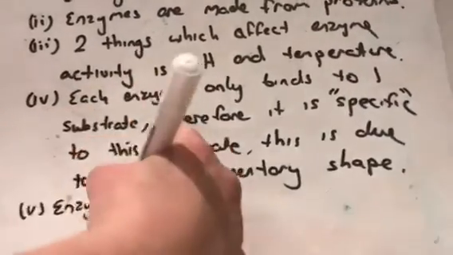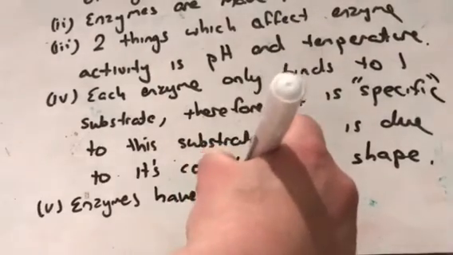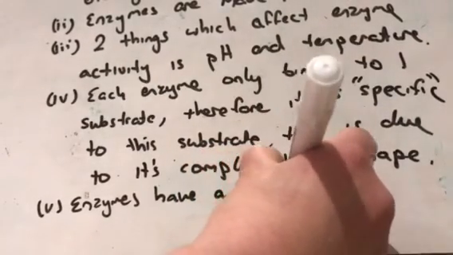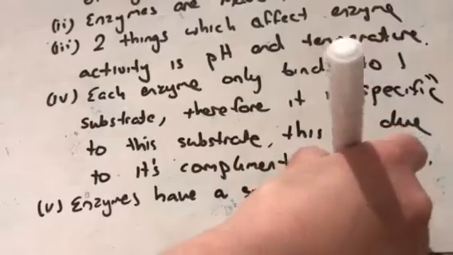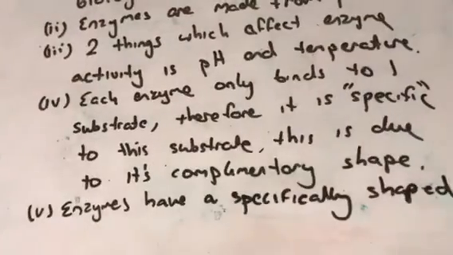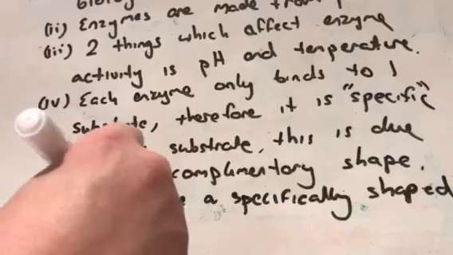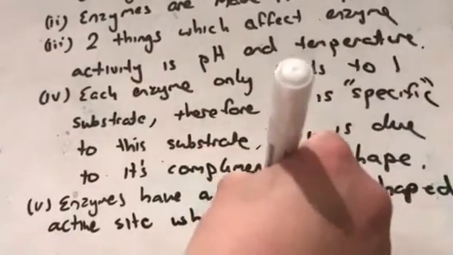So enzymes have a specifically shaped active site where, hopefully you can still see that, where substrates bind.